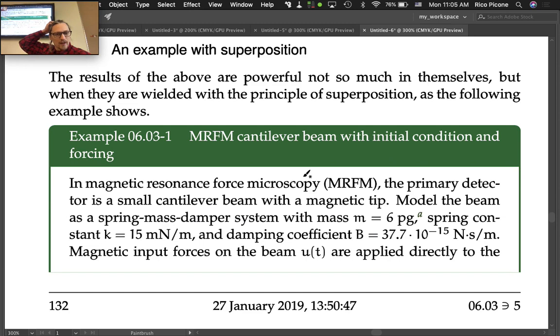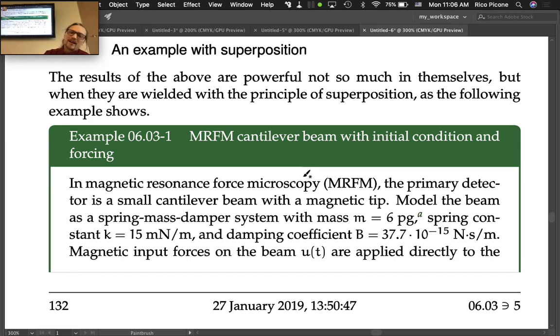In magnetic resonance force microscopy, or MRFM for short, the primary detector is a small cantilever beam with a magnetic tip. Model the beam as a spring mass damper system with mass of 6 picograms, spring constant 15 millinewtons per meter, and damping coefficient given there.